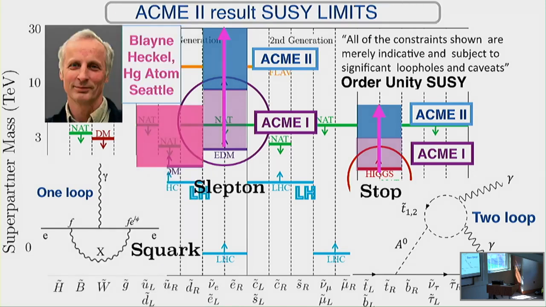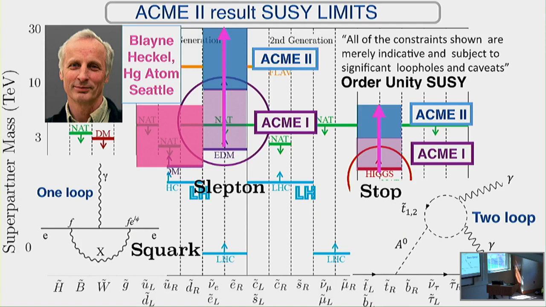I do want to point out that the nuclear work has more sensitivity to these particular supersymmetric partners, but also through the 2 loop diagrams also has sensitivity to the stop. And so the sensitivity of the nuclear EDM experiment, the Mercury experiment by Blaine Heckel in Seattle, it actually also has sensitivity to the stop around the same range.